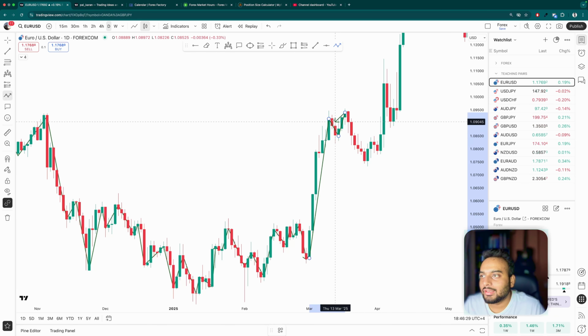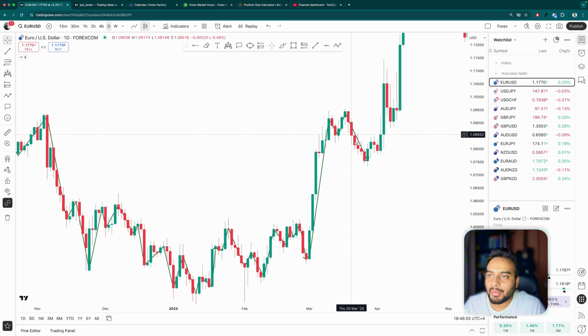You might think it's a very small structure, and if we count this as a higher high and higher low, then this would look much better in terms of a higher low continuing the trend, rather than you will see a change of structure right here.